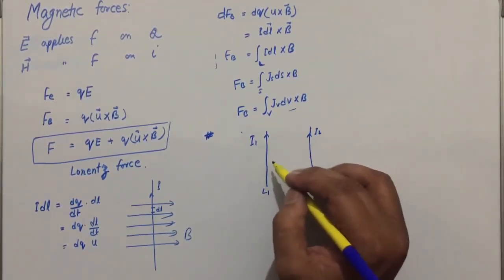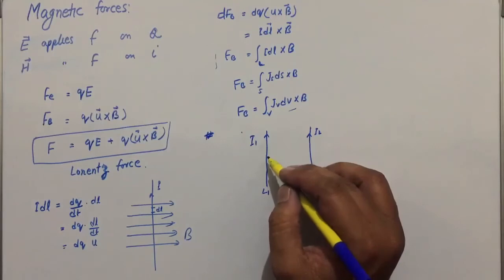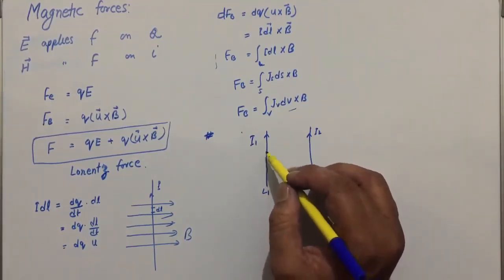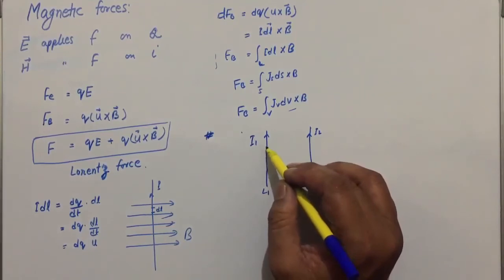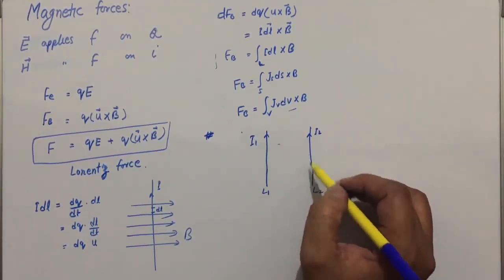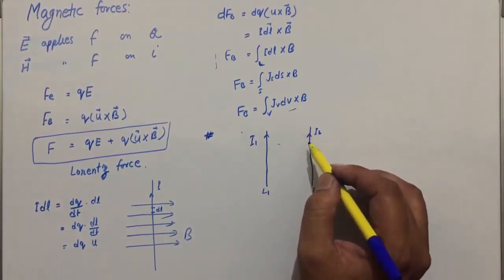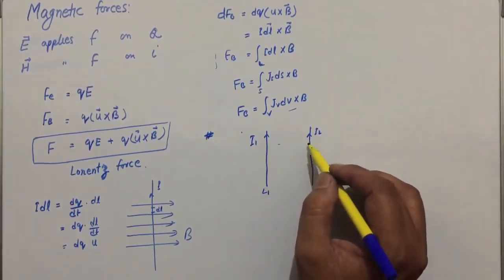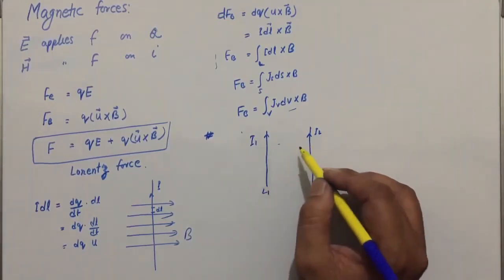And a similar condition can be considered for the other conductor, that is, the field will be generated from this and the conductor carrying current I2 is placed in this field and will experience a force due to this field.